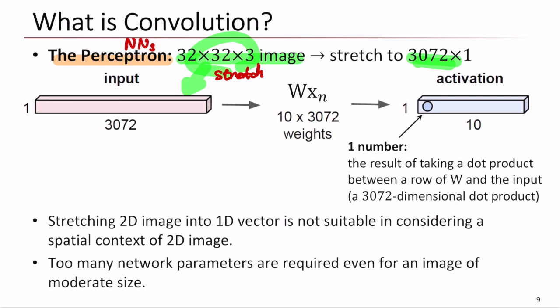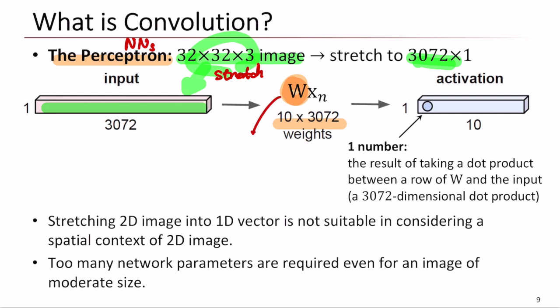Then you're going to have the 1D vector. Then, if you want to process this as a neural network, with parameter W, the weight of the parameter should be 10 by 3072, as we discussed in the previous example.